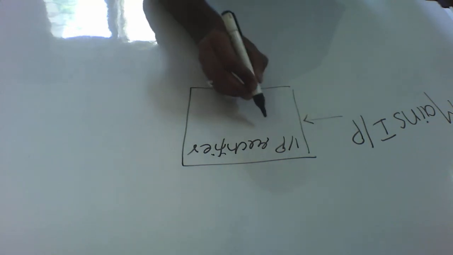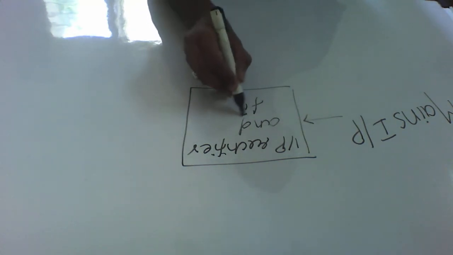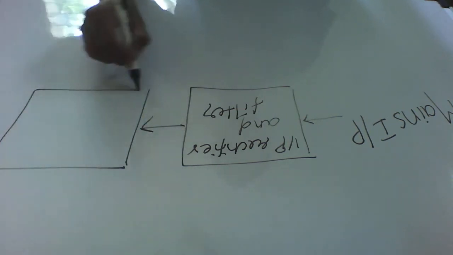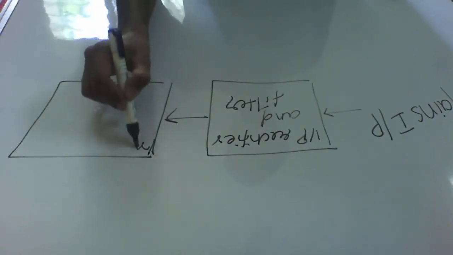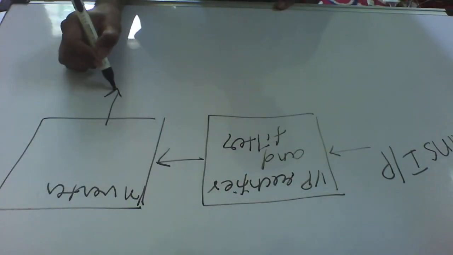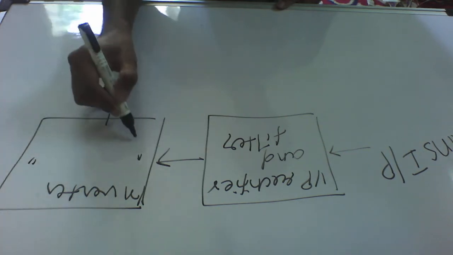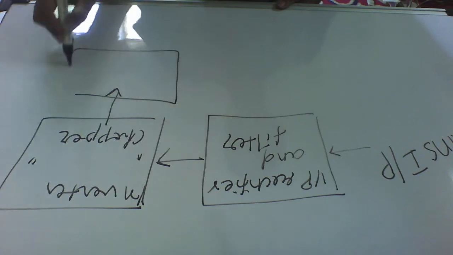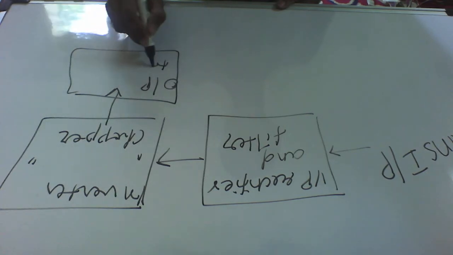Input rectifier and filter, then it is given to an inverter, after the inverter, basically called the chopper. It goes to the output transformer.